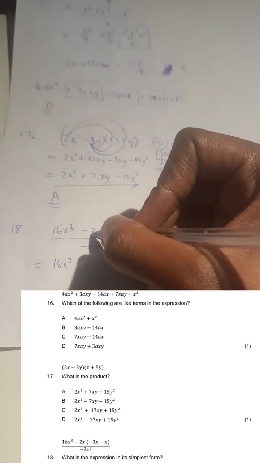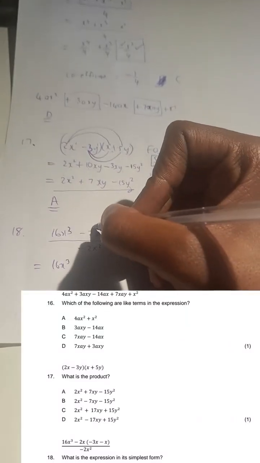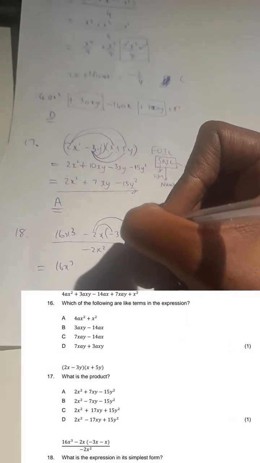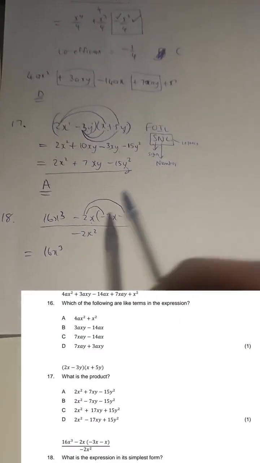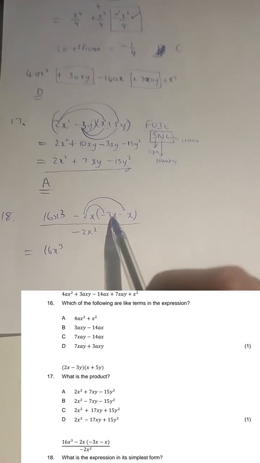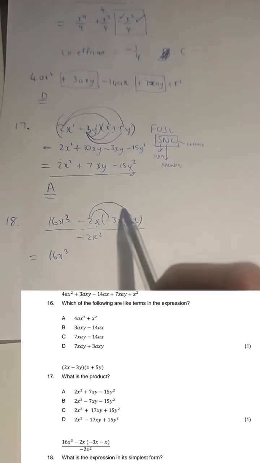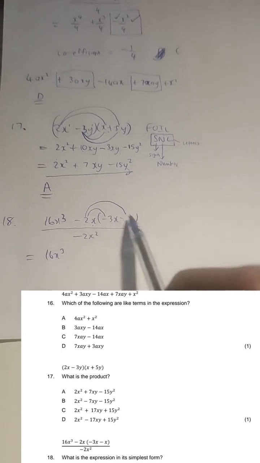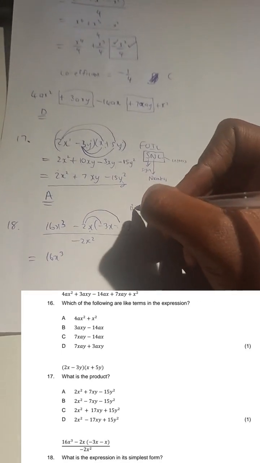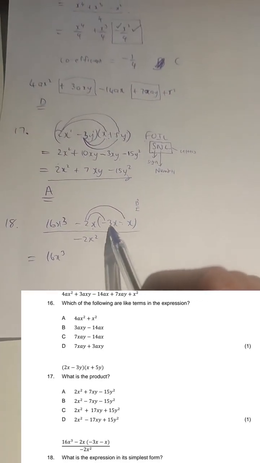But negative 2x in brackets means I can distribute this 2x into these terms. But let's first check what's happening in the bracket. We have like terms, so according to BODMAS, I can add and subtract like terms inside my bracket.